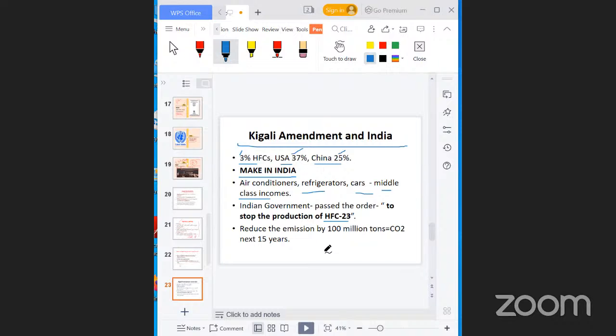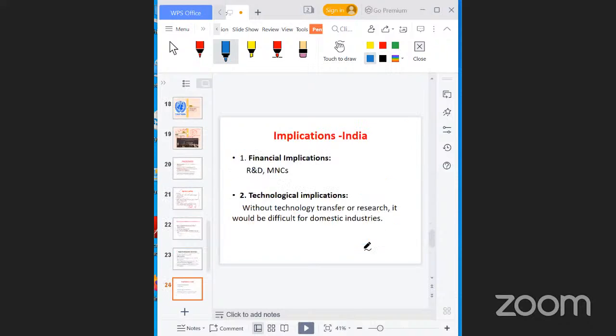This will reduce the emission by 100 million tons, equivalent of carbon dioxide, in the next 15 years. You see how impressive it is, right? So this is the Kigali Amendment in India.